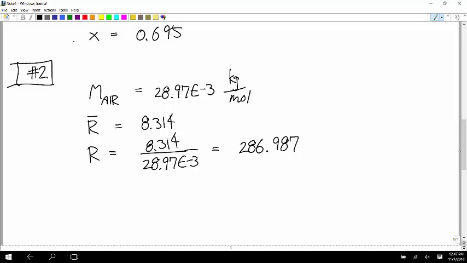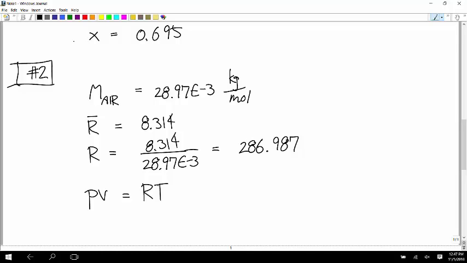And now you can use the ideal gas law. It says P times the specific volume is equal to that air-specific gas constant times the temperature in Kelvin. And I think it gives you the pressure. It's a total of 0.1 kilograms of air.